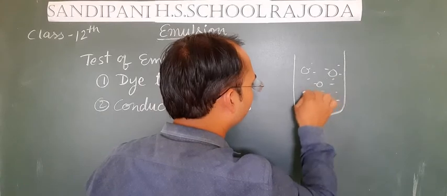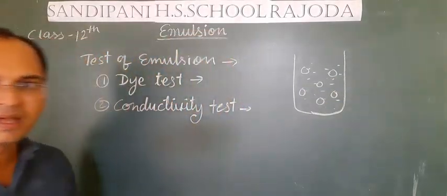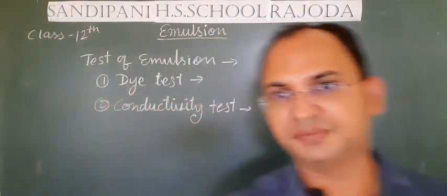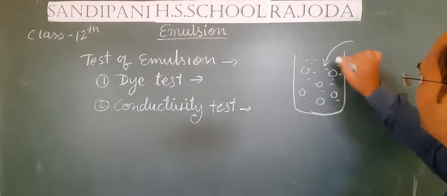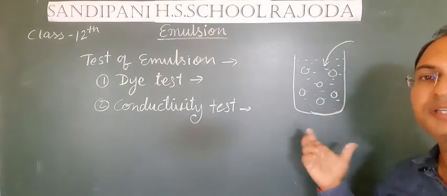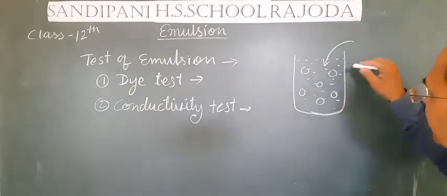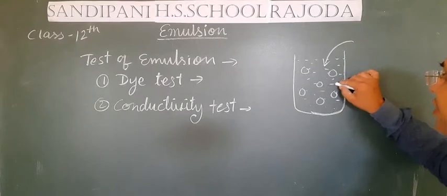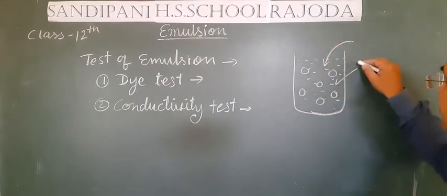If we assume this is an emulsion and if we add some dye in it, then if the whole solution is seen to be colored, then we assume that this dye is soluble in water because the whole solution gets colored.